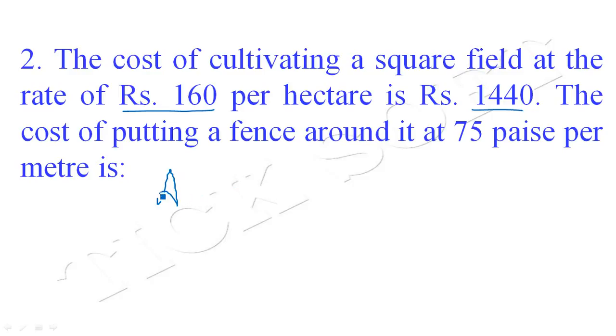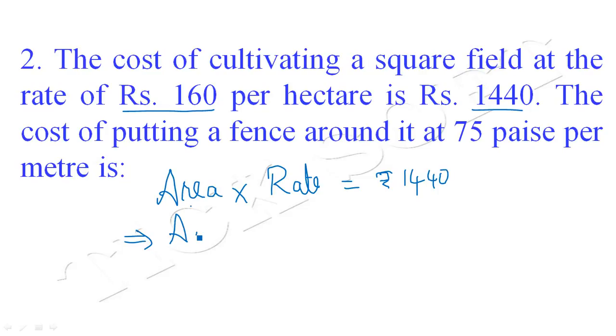We know that the cost of cultivating equals area into the rate of cultivating. So multiplying the area of the field and the rate, we get the total amount, rupees 1440. Therefore the area will be rupees 1440 divided by the rate.